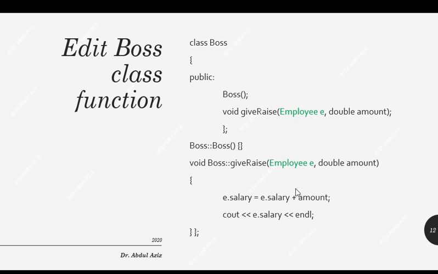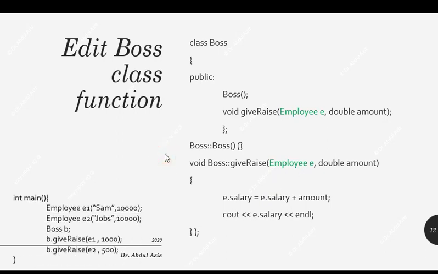We have just changed the function. Otherwise everything will remain the same. The give raise function will now accept two parameters. First is employee, the object of employee, and second is the amount, and it will add this amount into the existing salary of the employee E, which is the E that is passed at runtime.